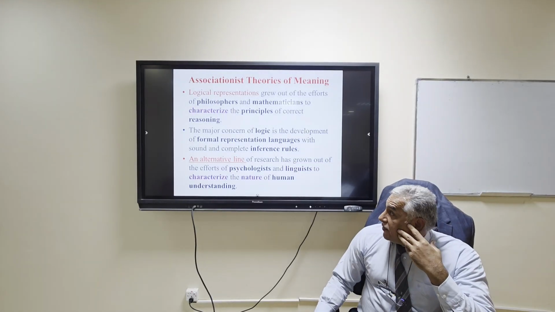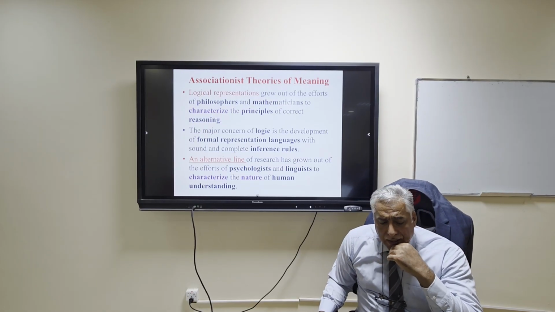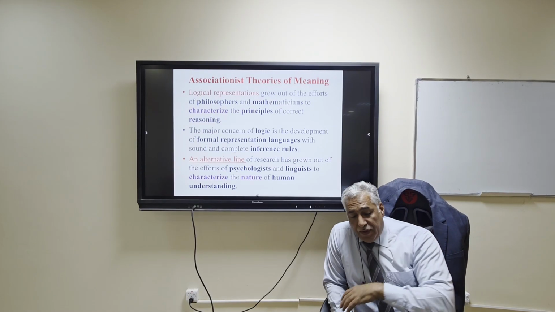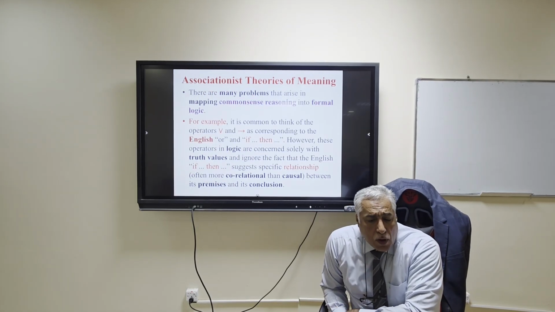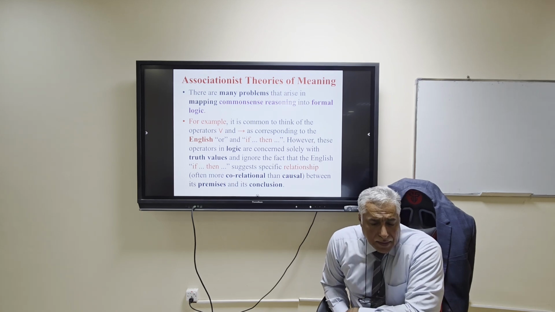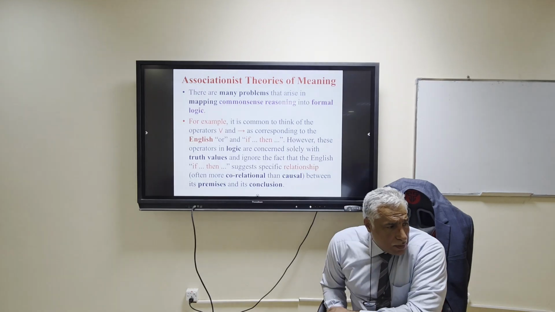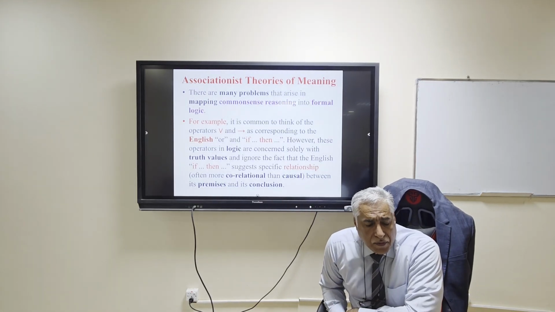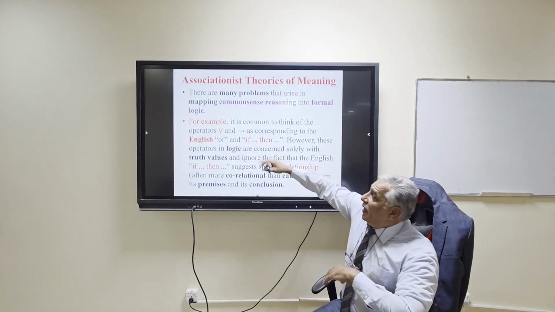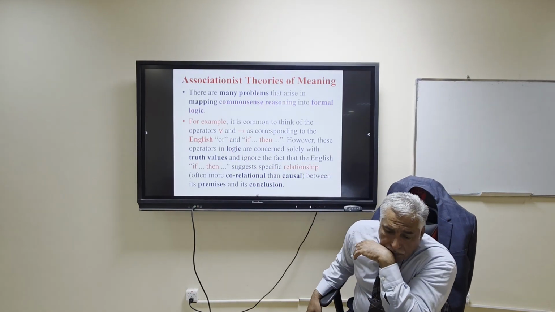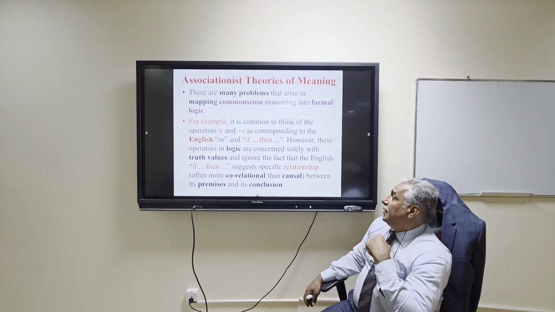An alternative line of research has grown out of the efforts of psychological linguistics to characterize the nature of human understanding. And there are many problems that arise in mapping common sense reasoning into formal logic. For example, it is common to think of the implication operator as corresponding to the English "if then".